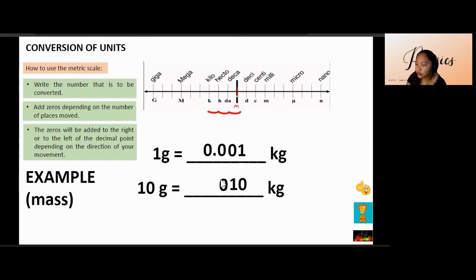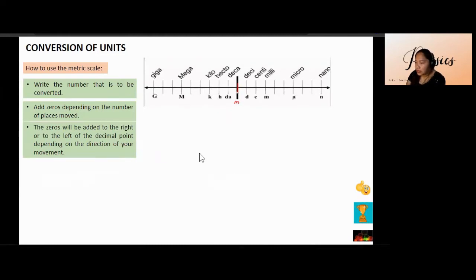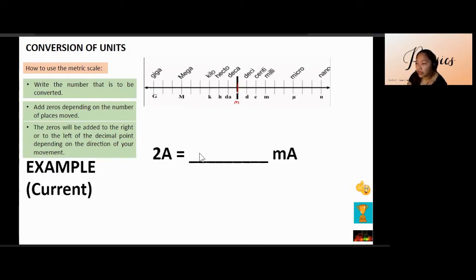Now 1, 2, 3 going to the left, and now we have 0.010. About 220, the decimal point is after 0 here, so 3 places to the left, 1, 2, 3, and we have 0.220. Okay, so that's how we convert.